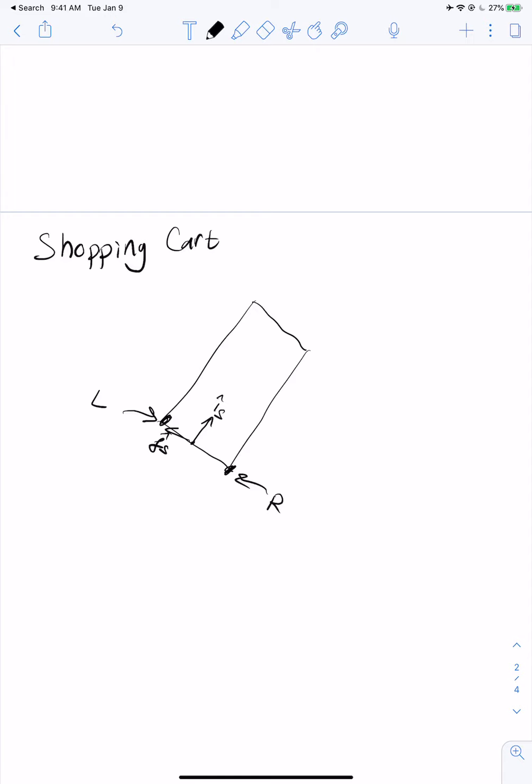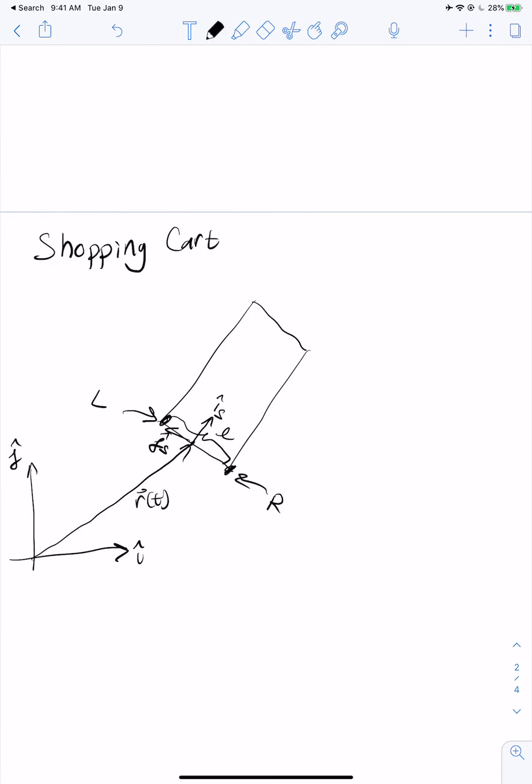And then we also have our global coordinate system, i hat, j hat. Then we can say the position of the shopping cart is again going to be r of t. And the distance between these two wheels, as before, is L.